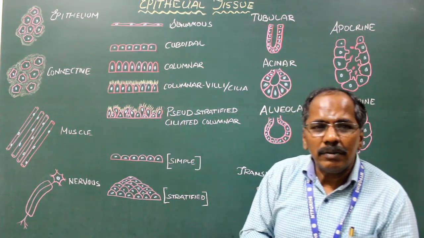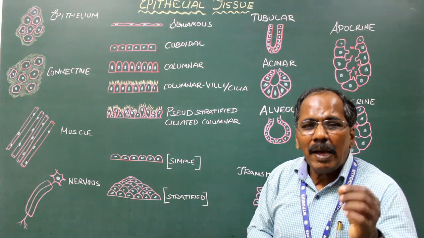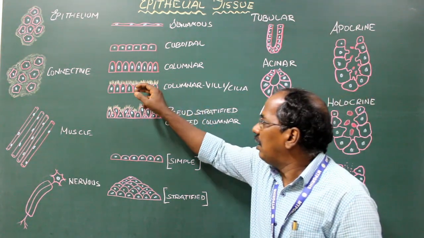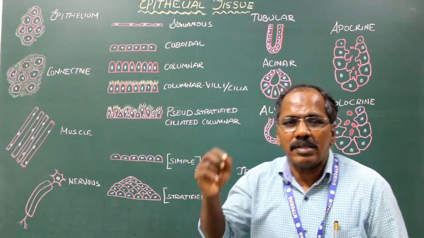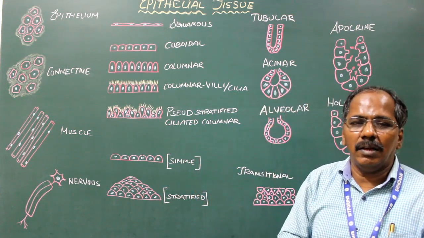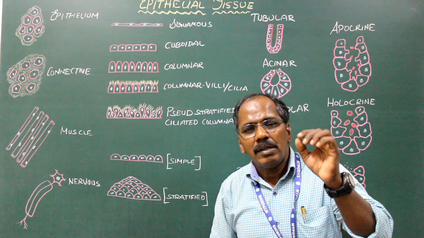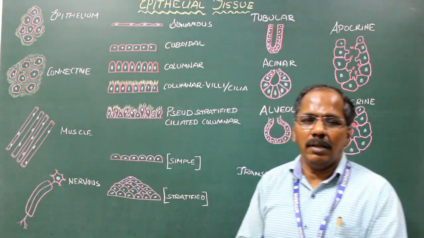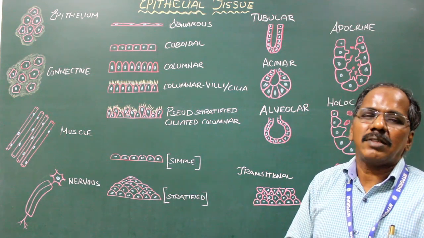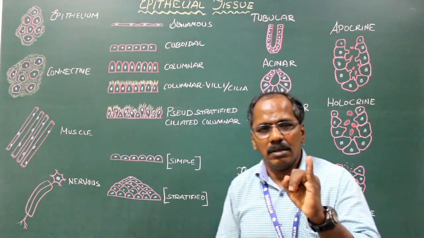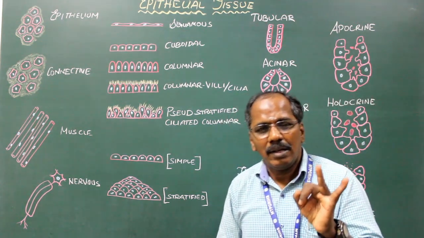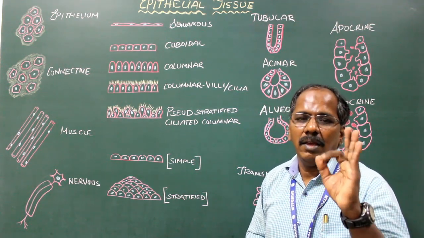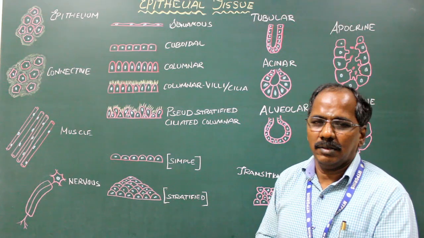If the simple columnar epithelium is characterized by the presence of cilia, small hair-like projections on the surface of the epithelium, it is known as simple ciliated columnar epithelium. Example: respiratory tract, uterine tube, central canal of the spinal cord, epididymis.